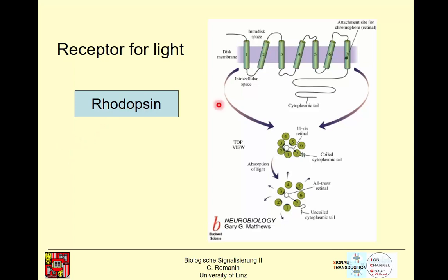It has, as all of those G protein coupled receptors, 7 transmembrane helices, with the amino terminus on the extracellular side and the C terminus ending at the cytosolic side.